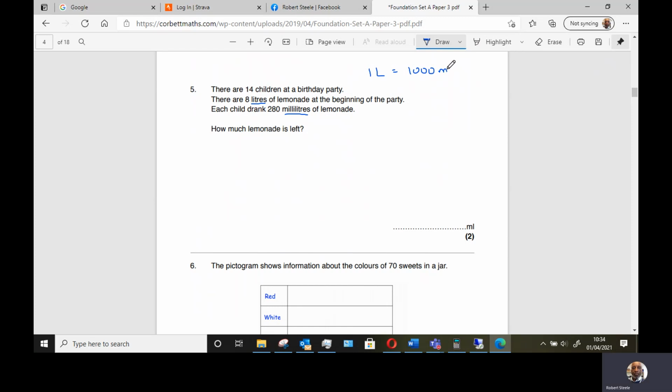Once you know that, there's a couple of different ways you could go about that. You could turn everything into millilitres. So, for example, you could turn this 8 litres of lemonade into 8,000 ml.